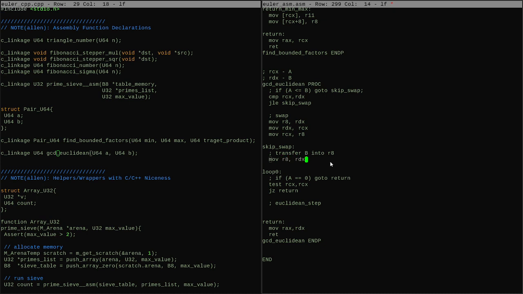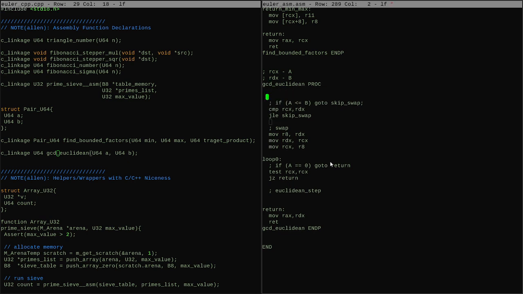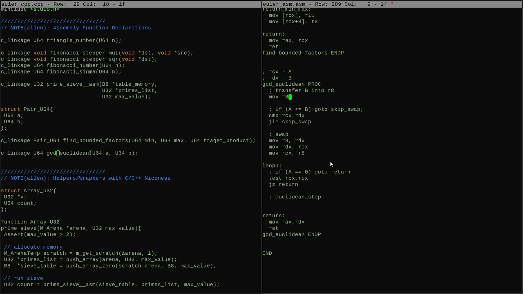Now what's interesting is, okay, let's just do it up here, I suppose. Transfer B into R8, Mov R8 RDX, skip swap. Okay, so R8 is the real register and RDX is the swap register.